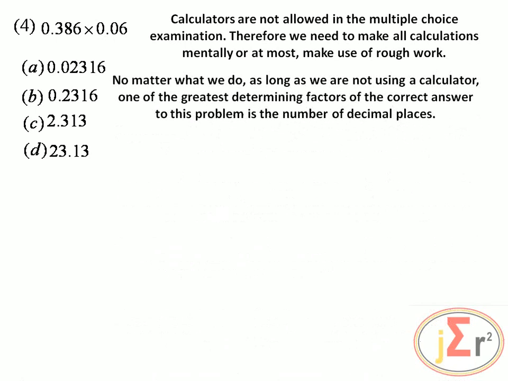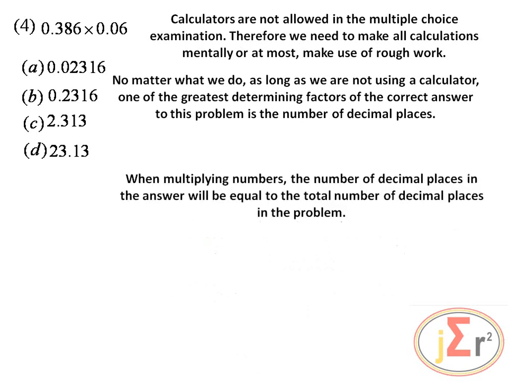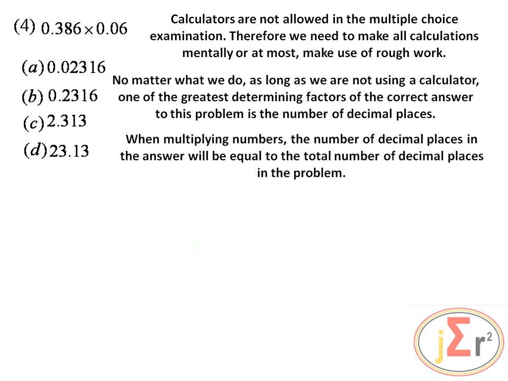No matter what we do, as long as we are not using a calculator, one of the greatest determining factors of the correct answer to this problem is the number of decimal places. When multiplying numbers, the number of decimal places in the answer will be equal to the total number of decimal places in the problem.